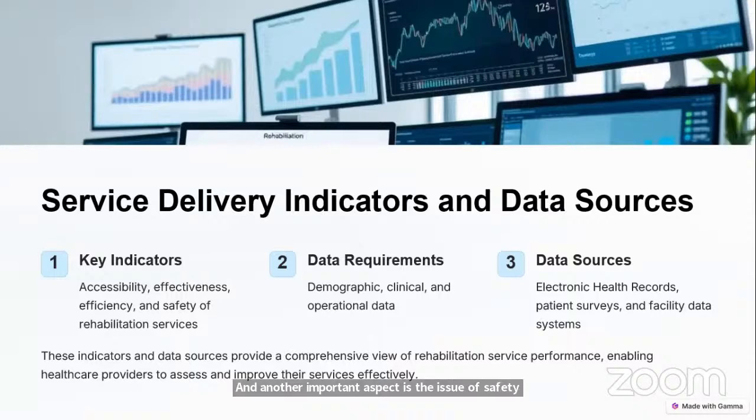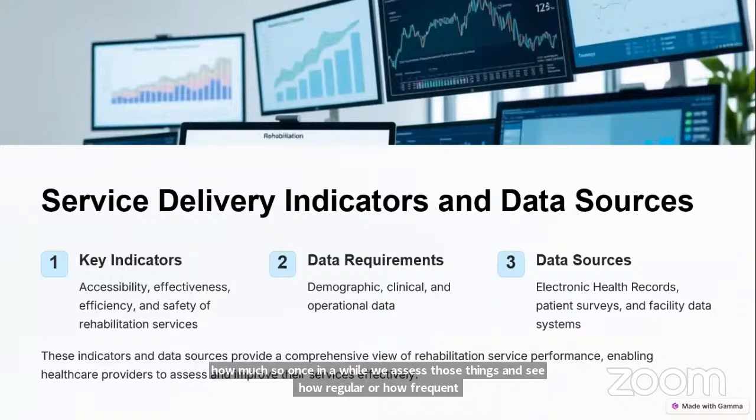For every service we give, the issue of client safety, as well as professional safety and even the safety of the people around, is very, very key, because this is where we look at the incidences of adverse events that may have occurred, and once in a while we assess how frequently they occur and what action is taken.